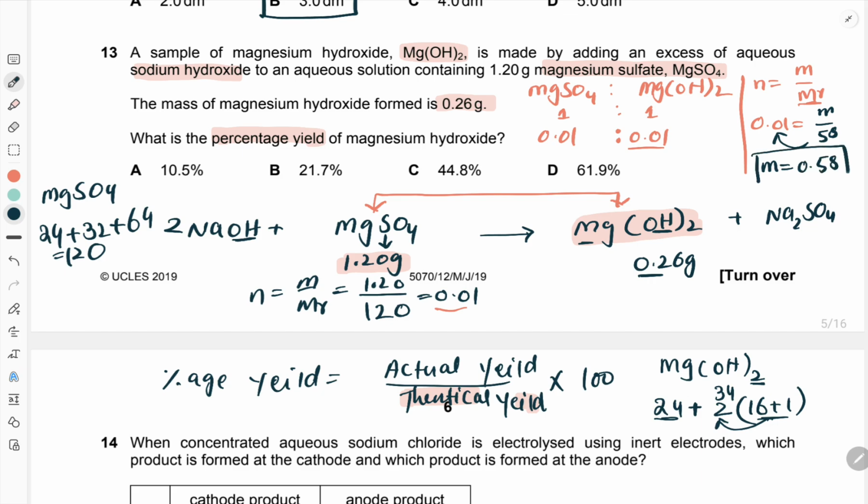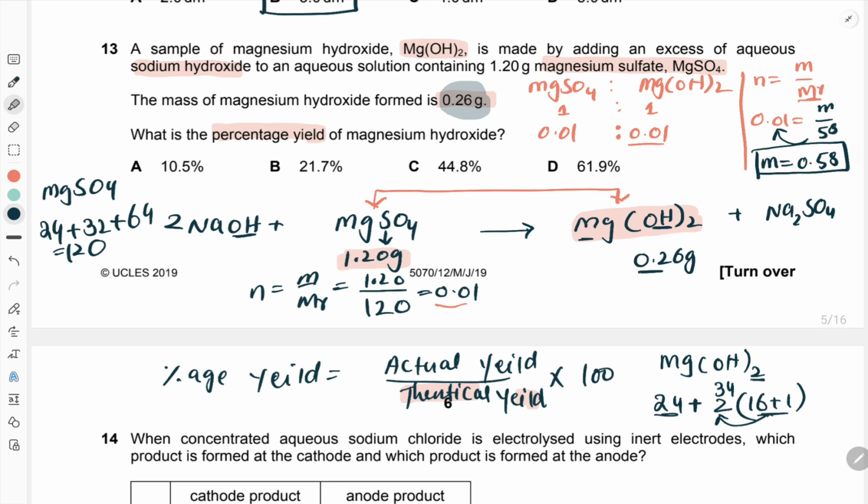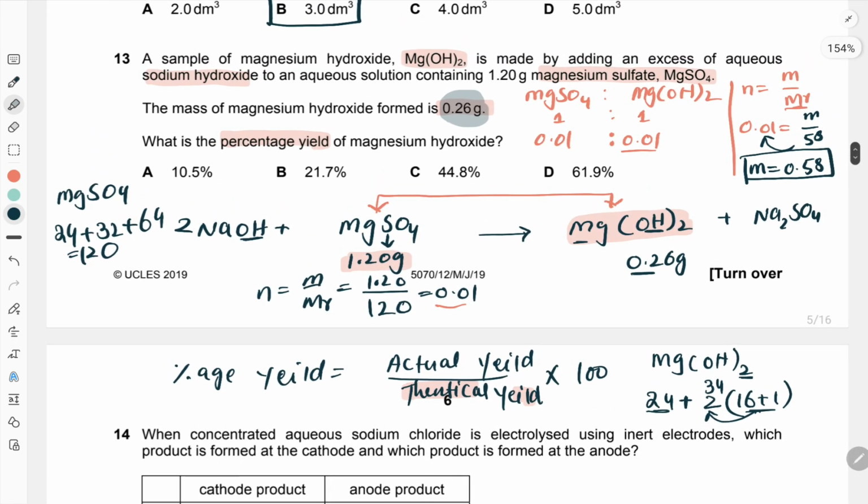So the mass that should be produced is 0.58 gram, but the mass which actually produced is 0.26. Now by plugging the values in the formula, we can solve this question. The formula is actual yield over theoretical yield. Actual yield is given in the question, 0.26. Theoretical is 0.58. You times it with 100.